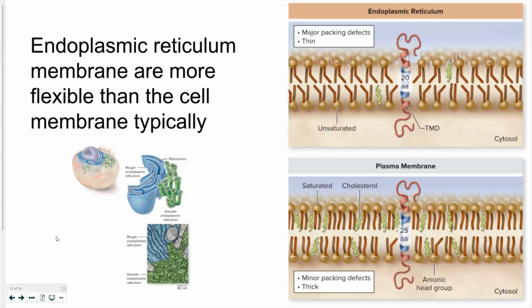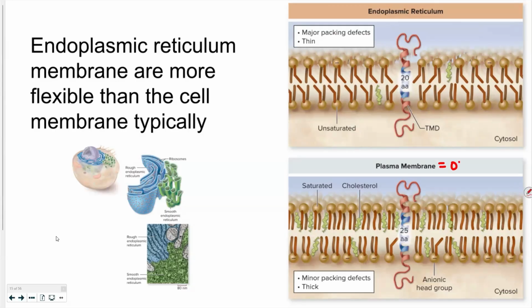All right. So again, thinking about different membranes. In our next chapter, we're going to talk a little bit about organelles. Well, actually, we're going to talk a lot about organelles and the jobs that all these organelles do. But right now, let's just focus in on the plasma membrane.